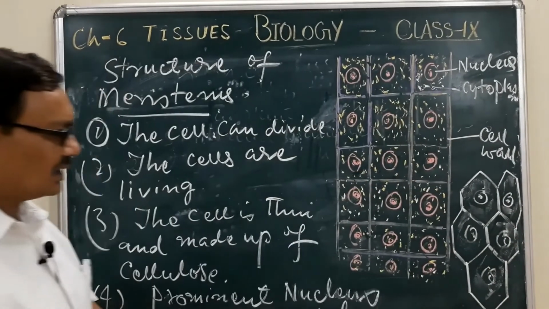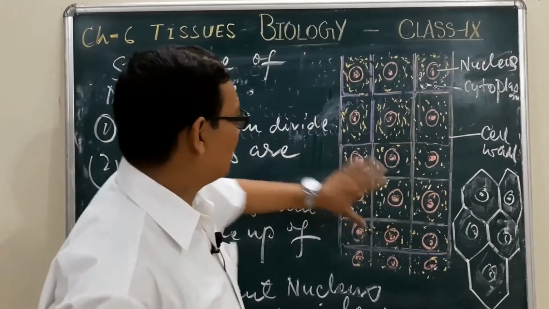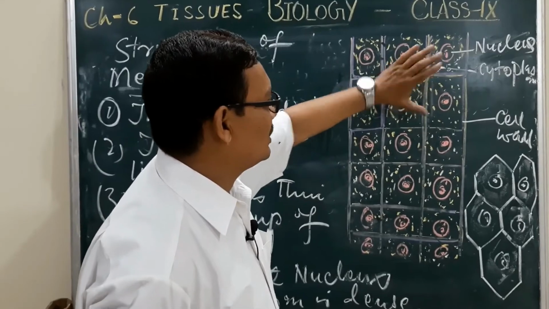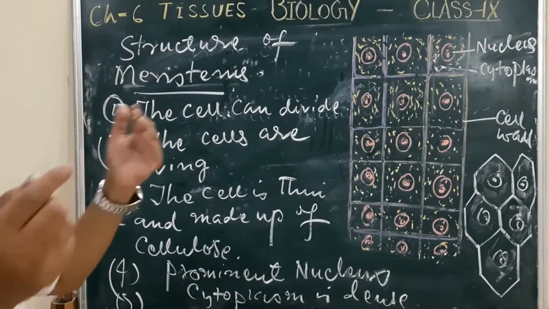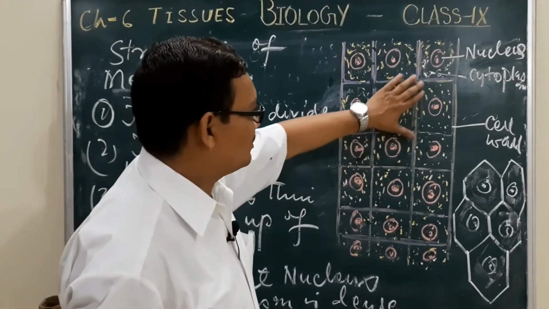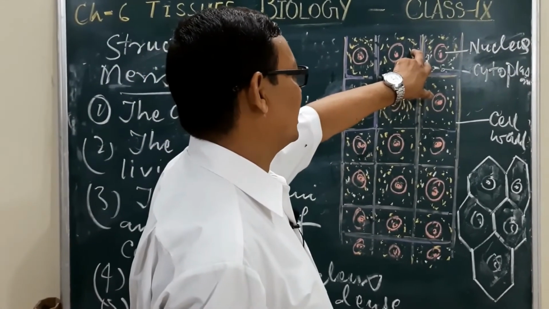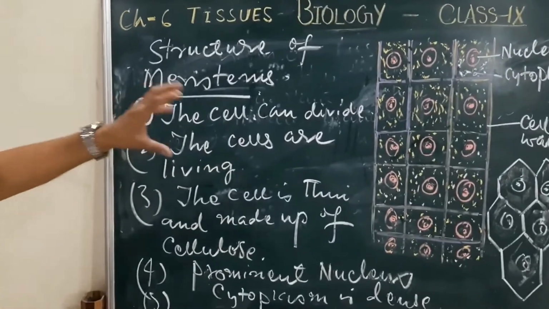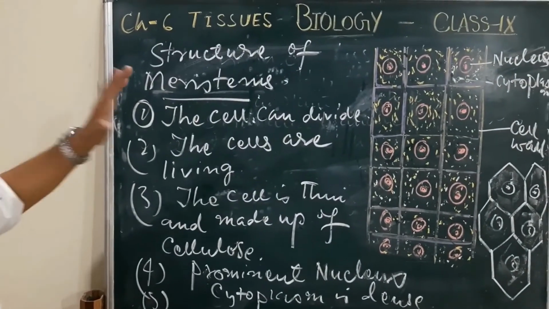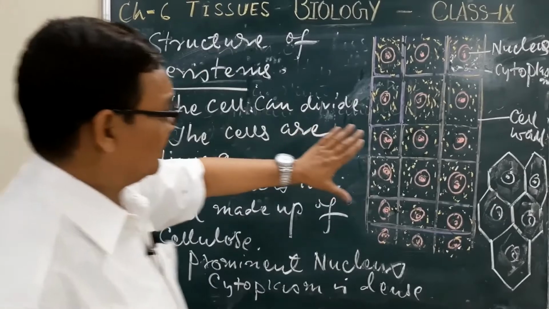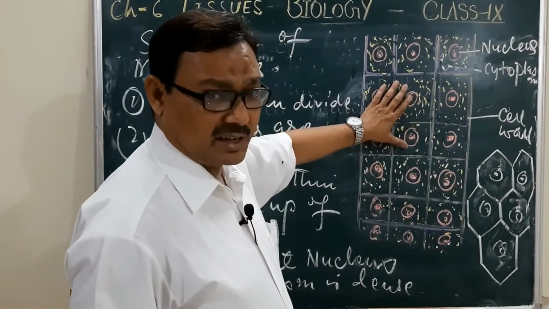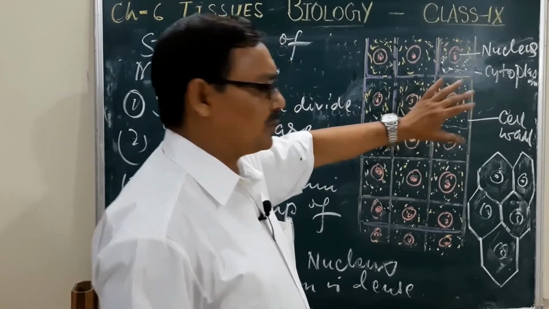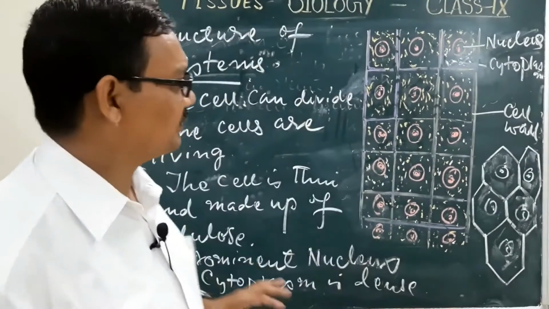The cells which compose this tissue are compactly arranged. There is no intercellular space. The space between the two cells is nil. And similarly, the other characters you may write like there is no vacuole present, and if there is a vacuole present, the vacuoles are very much smaller.